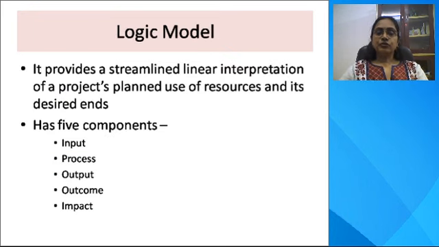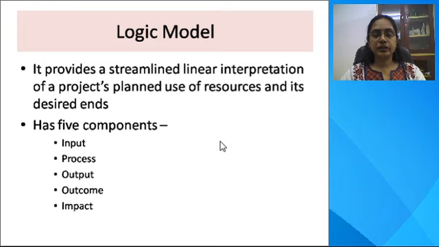Now we come to the next one, which is the logic model, and let me tell you that this will probably be a framework which is very broadly used, and we will also be talking about it more often. The logic model provides a streamlined linear interpretation of a project's planned use of resources and its desired ends. So it is a linear model. It shows what leads to what.